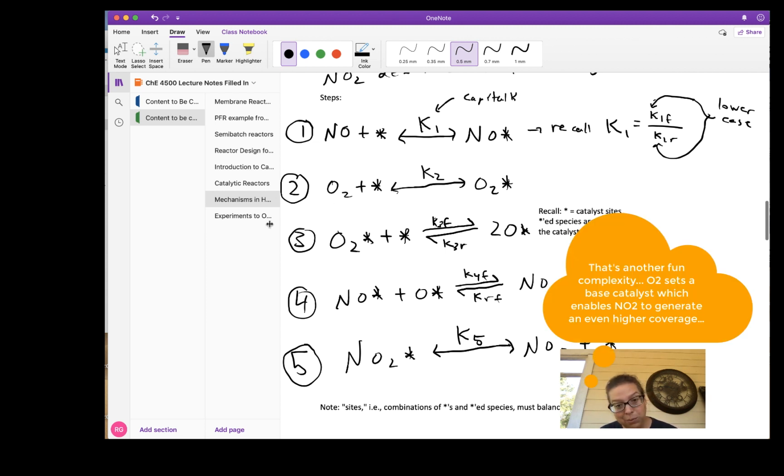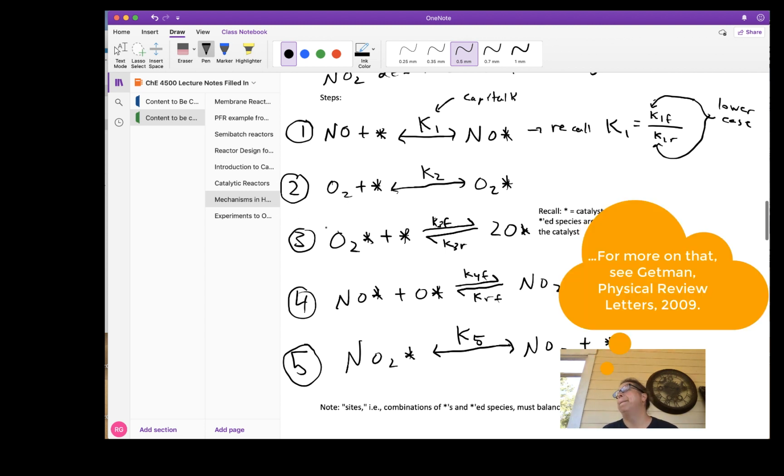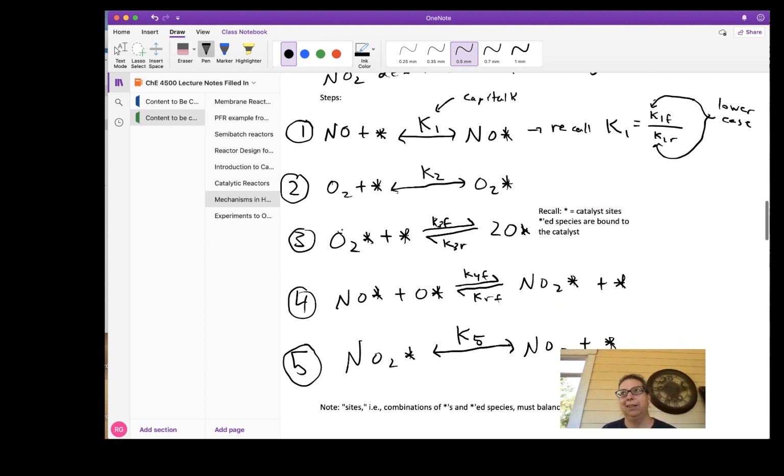In reality, the rate determining step is actually O2 adsorption, and that's how we end up getting this first order dependence in NO2 and NO. The reason is that I only have one site in my forward step, so my theta star ends up not being squared. It's just theta star. So that is 5 years of PhD work for me in a collaboration with people at Purdue. You'd have to be working on this all day long, every day for about 5 years to be able to come up with that.